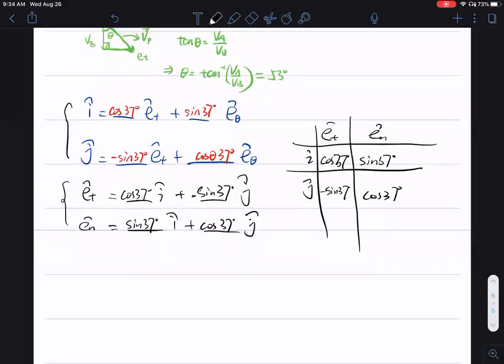Okay, now we have our conversion equation ready. We can look at this problem.